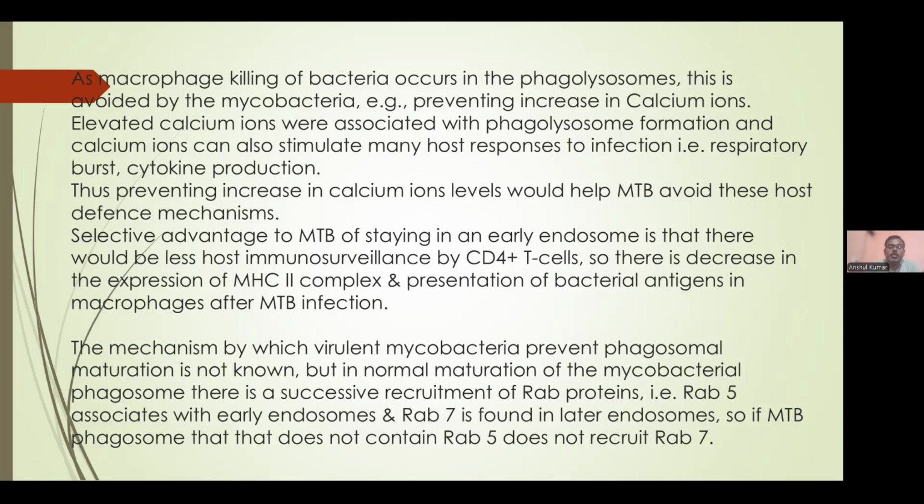But in normal maturation of the mycobacterial phagosome, there is a successive recruitment of RAB proteins: RAB5 associates with early endosomes, and RAB7 is found in later endosomes. An MTB phagosome that does not contain RAB5 does not recruit RAB7.